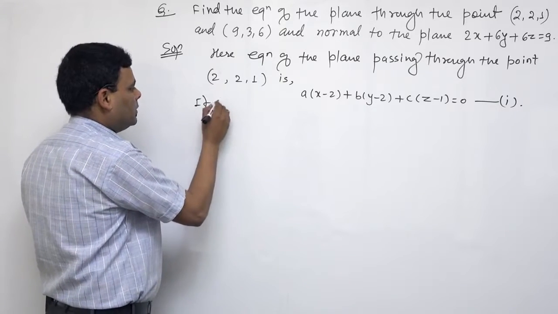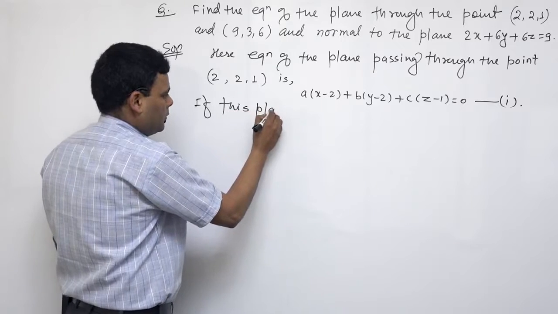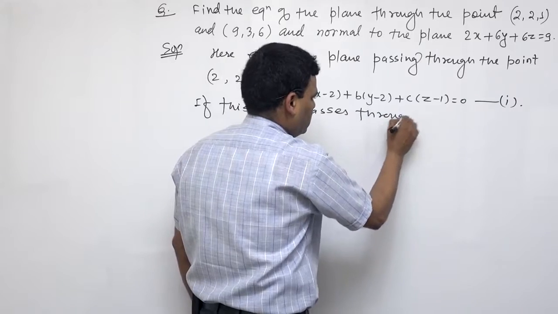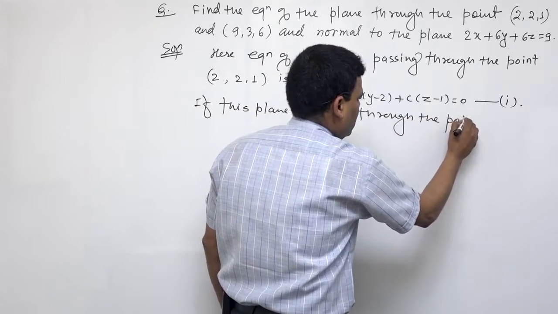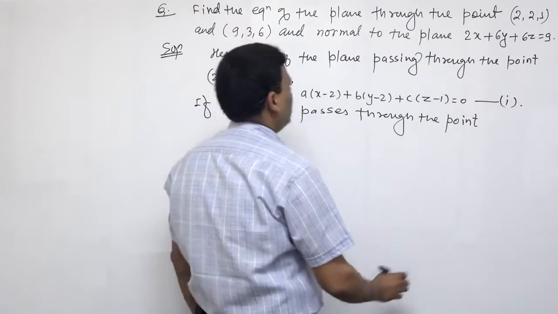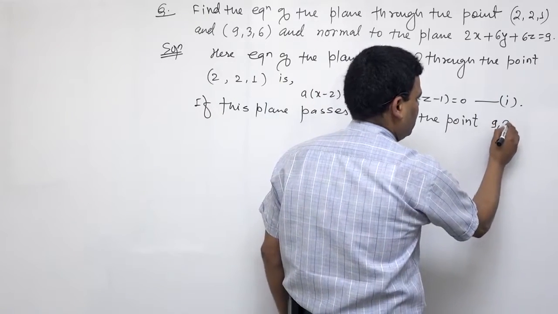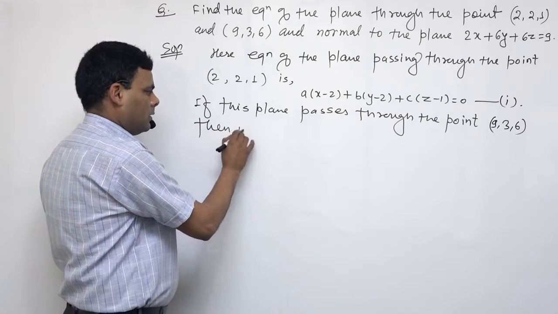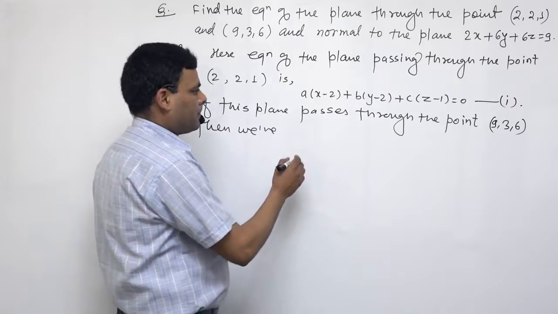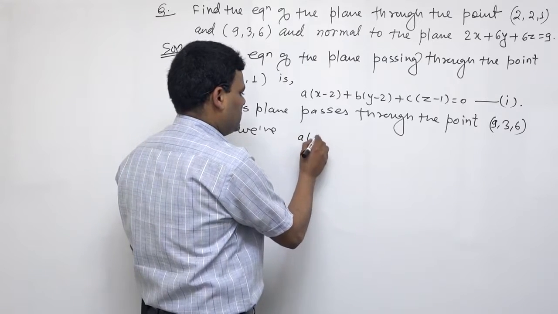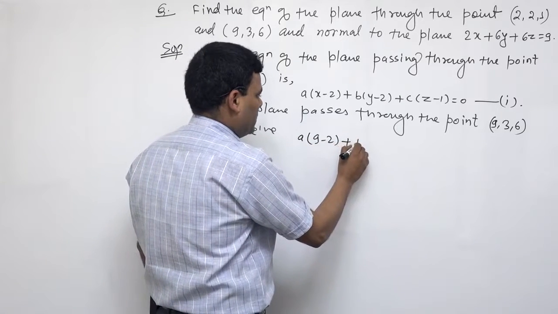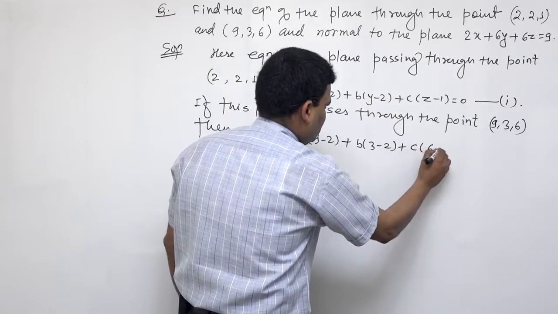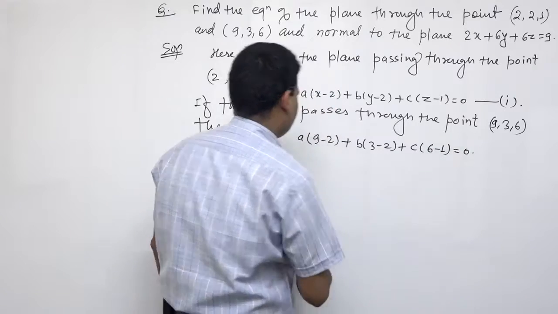If this plane passes through the point (9, 3, 6), then we have a into (9 minus 2) plus b into (3 minus 2) plus c into (6 minus 1) equals 0.